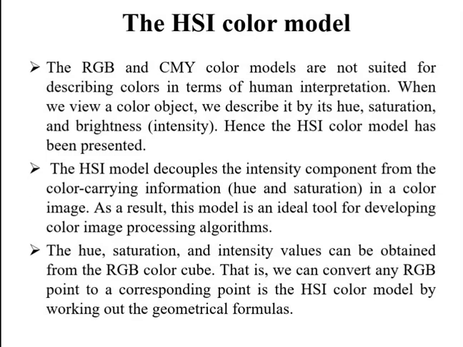It embodies the achromatic notion of intensity and is one of the key factors in describing color sensation. We do know that intensity, that is, gray level, is the most useful descriptor of monochromatic images. This quantity is definitely measurable and easily interpretable.